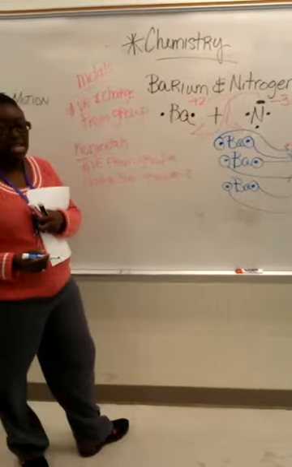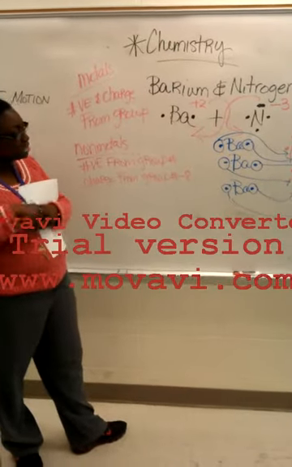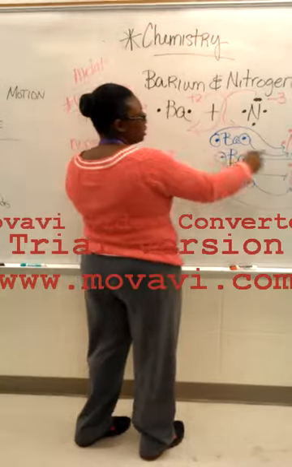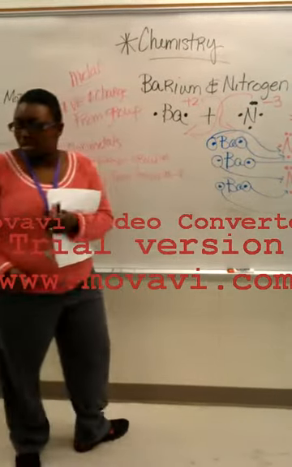So now everybody has gained what they needed and given away what they needed. Barium has given away its 2 electrons, and nitrogen has gratefully accepted them.